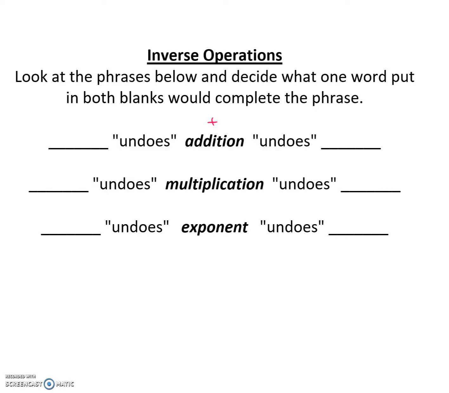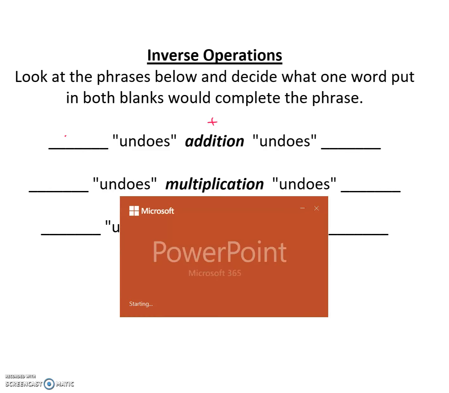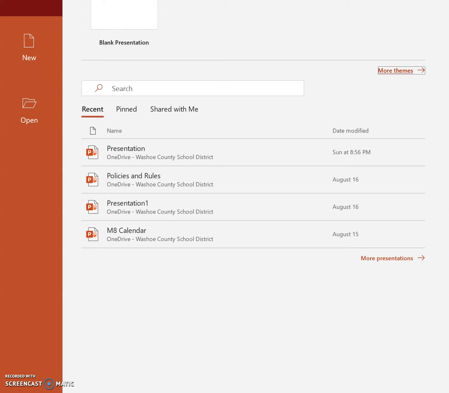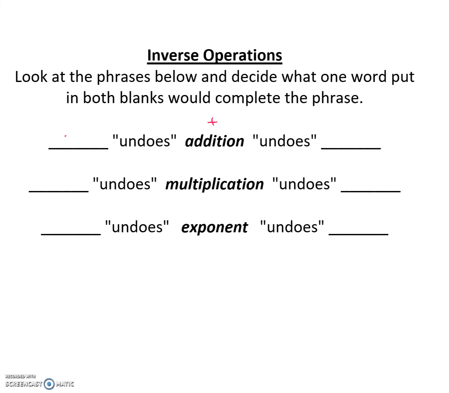Hopefully you've written down some answers. So we're talking about addition, like we talked about above. We know that when we're talking about addition, we're usually talking about subtraction. And when we're talking about subtraction, we're usually talking about addition.